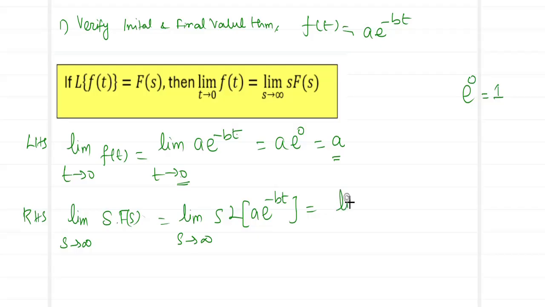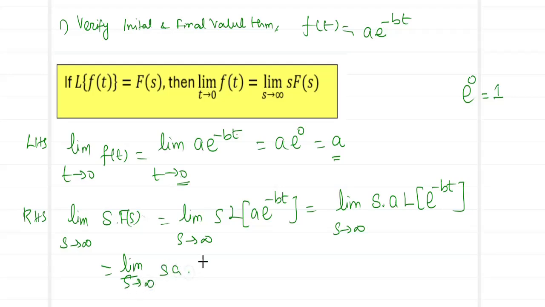So this is the limit as s tends to infinity of s times a, where a is a constant and comes outside, leaving the Laplace of e^(-bt). I know that the Laplace of e^(-bt) is 1 divided by s plus b. Because of the minus sign in the exponent, this becomes plus.